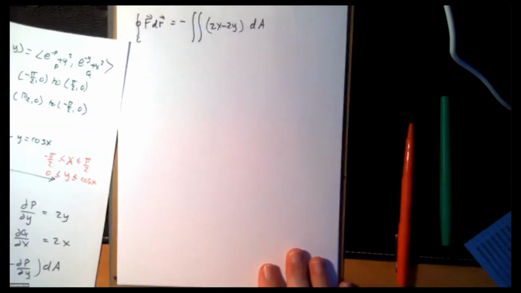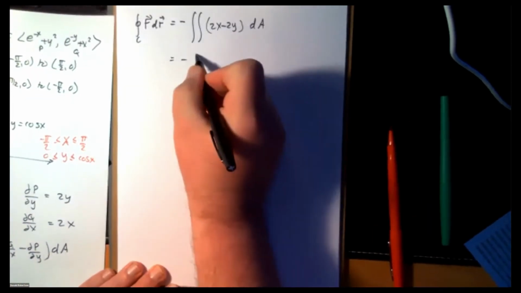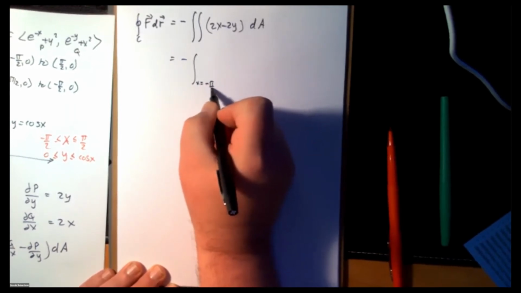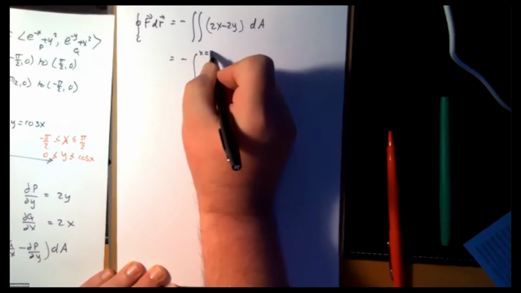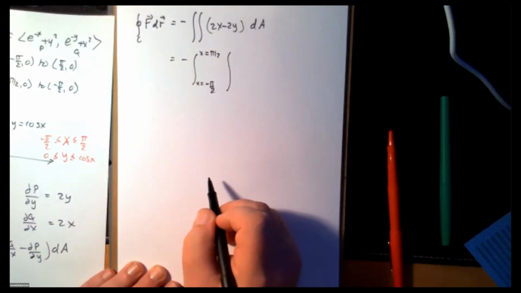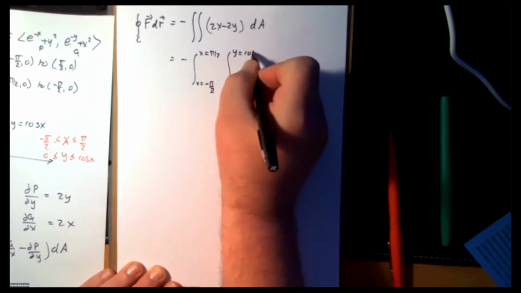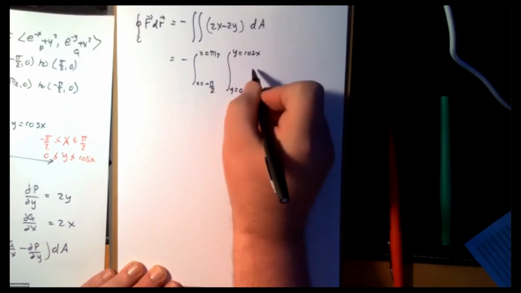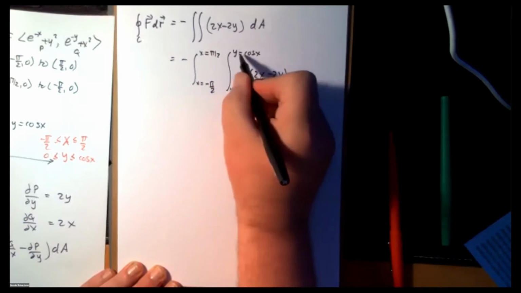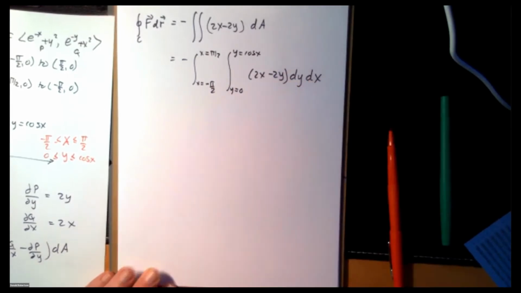I'm pleased. So our double integral is now from x equals negative pi upon 2 to x equals positive pi upon 2 of the integral of y equals 0 to y equals the cosine of x of 2x take away 2y. Since these are first, you do the dy first and the dx second.